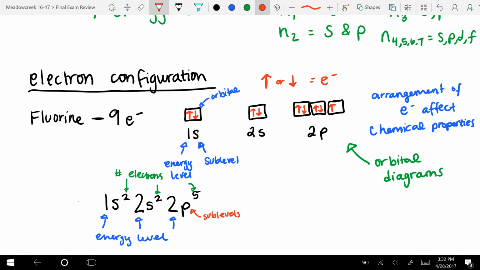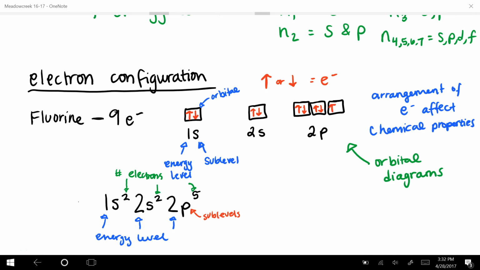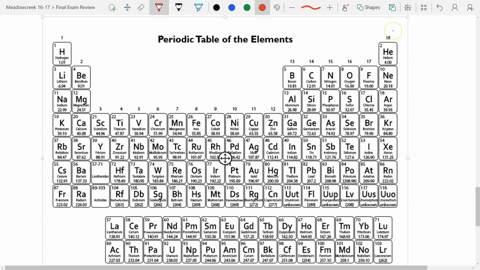So if we're practicing on a periodic table, let's go ahead and pull one up. Had to pause the video to get my periodic table up, but let's look at this periodic table. You're like, well, how is it arranged with all the things we've been talking about? Energy levels, sublevels, things like that.